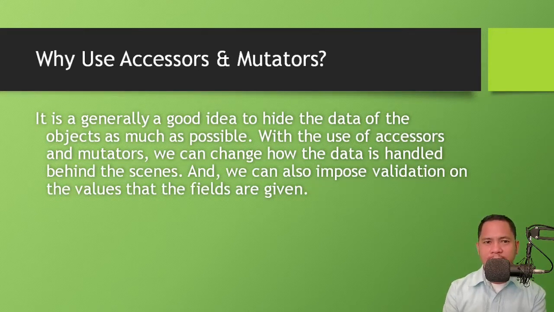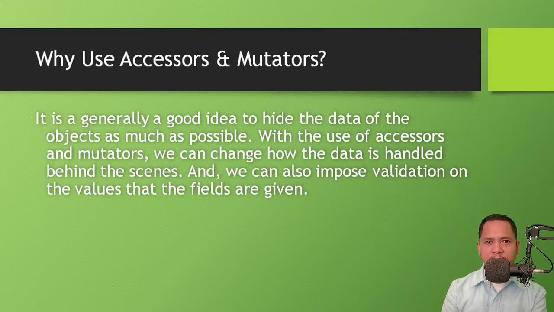But then again, in object-oriented programming, it is generally a good idea to hide the data of the objects as much as possible. And so we have to make them private, because you don't want other classes to have direct access to class properties.